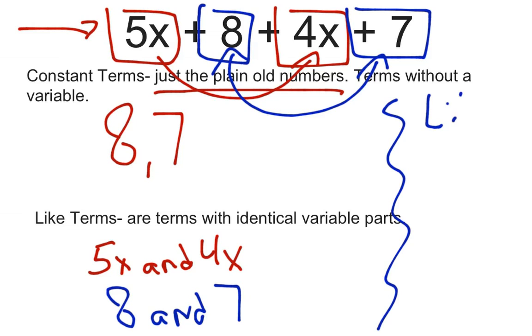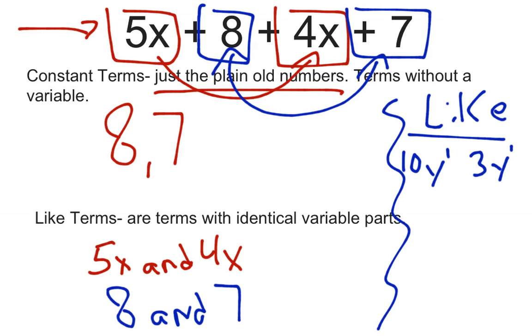Like terms are terms with identical variable parts. So it could be 5x and 4x like I did there. I'm going to make some up here now. If I did something like 10y and 3y, those are identical variable parts because not only do they have the same y's, but they have the same exponents. And if there's no exponent shown, we should know that there's always a 1 there. So the identical variable part also has the same exponent.